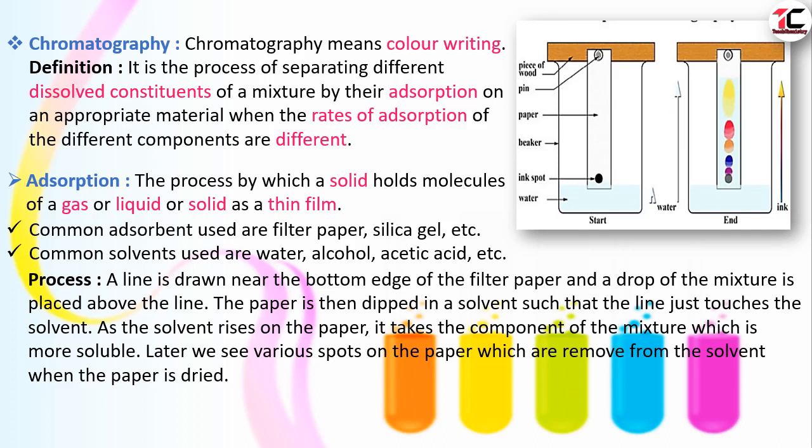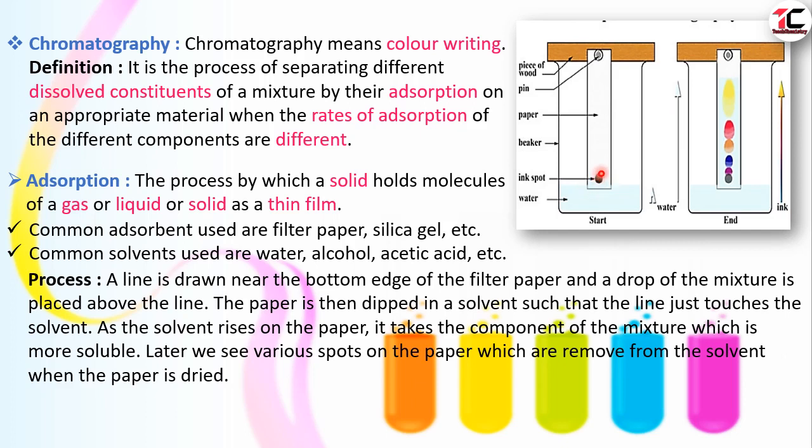In this diagram we can see a beaker. Inside the beaker we have taken some water as the solvent. We have taken a filter paper, and at the bottom of the filter paper we make a line, and over the line we put an ink spot. This is the point of ink, and we dip this filter paper in the solvent such that it only touches the surface of the water.